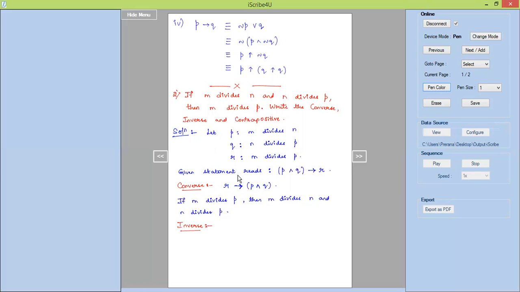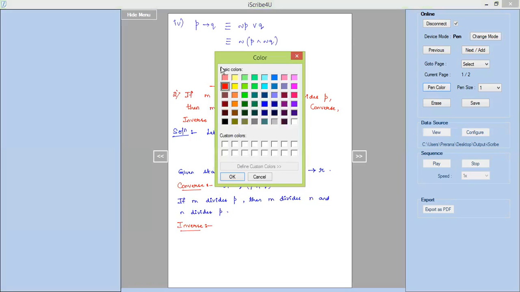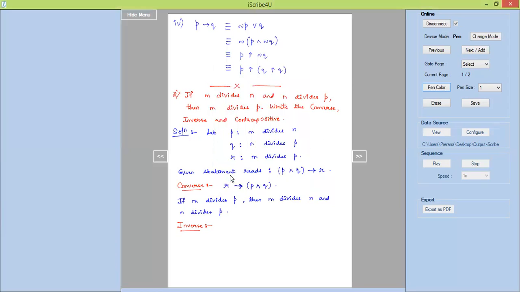Recall how the inverse of any conditional is given. Suppose the given conditional is P conditional Q, then the inverse is given by negation P conditional negation Q. The given statement is P and Q conditional R. For this I have to write the inverse.